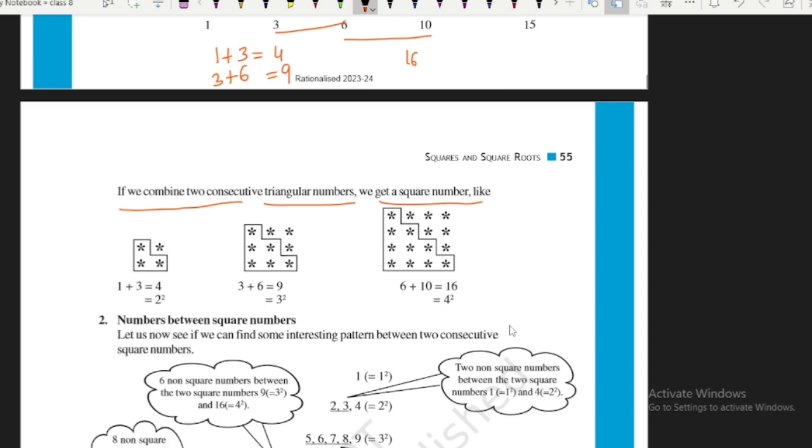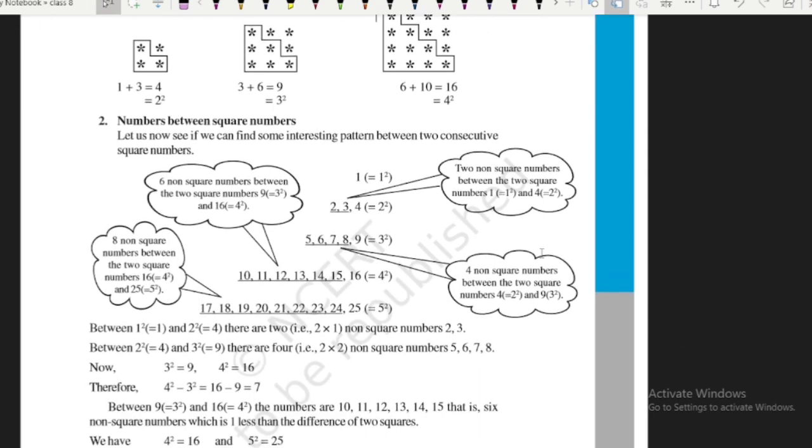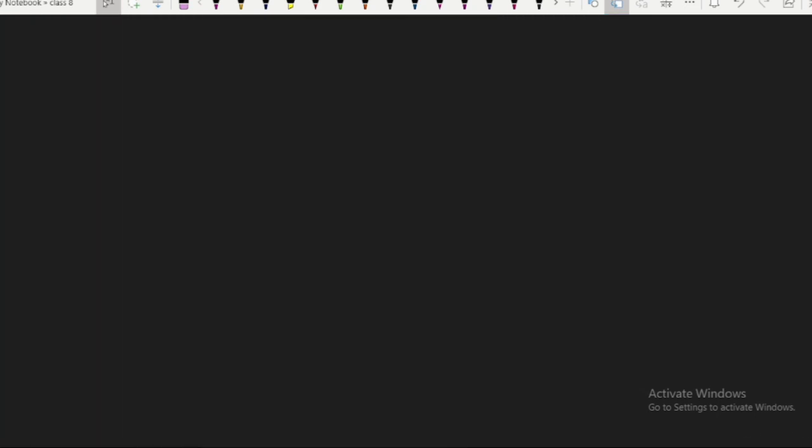Next property is the numbers between square numbers. For example, I want to find the non-perfect square numbers between 2 square and 3 square. 2 square is 4 and 3 square is 9. Between 4 and 9, how many non-perfect square numbers are lying? Here we can see 5, 6, 7, 8, so 4 numbers are there.